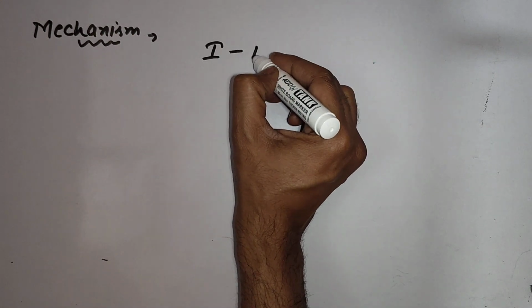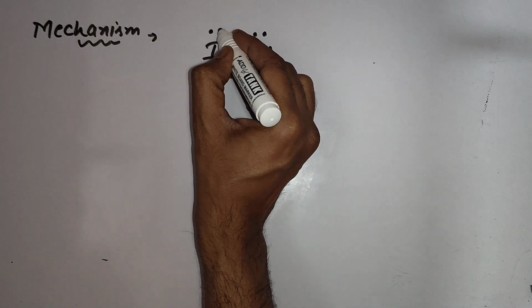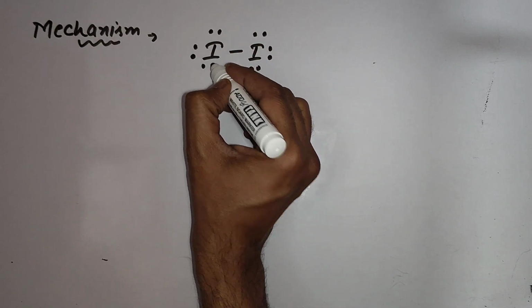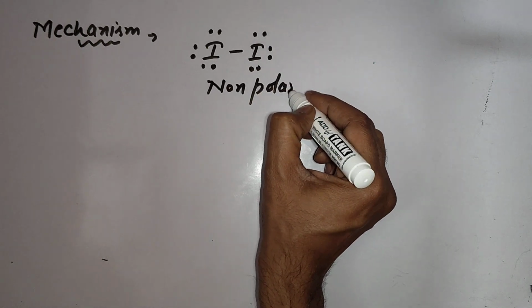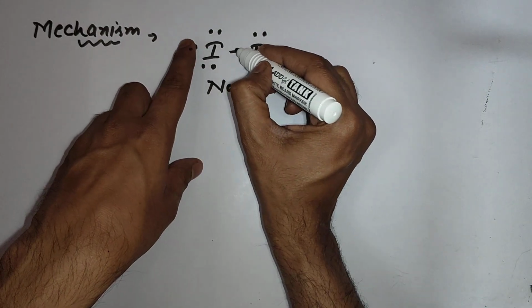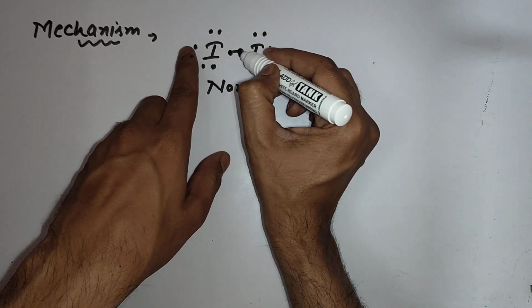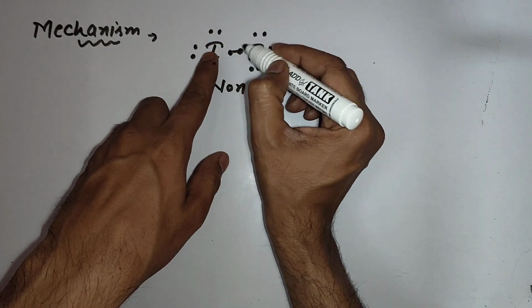The iodine particle which I have used, I2, the molecule of iodine, is non-polar. It is non-polar because the electrons shared between the two iodine atoms are in the center. Because there is no electronegativity difference, electrons are in the center.